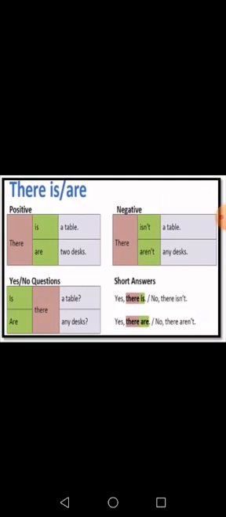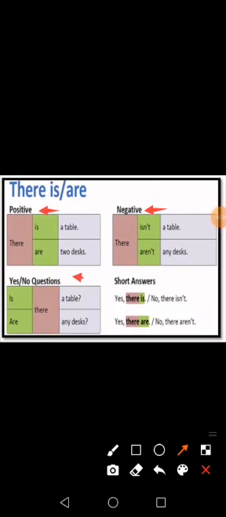Okay, student? So this is a table that shows you how to use there is and there are in the positive, in the affirmative form, in the negative form, and in the question form, right? There is a table.